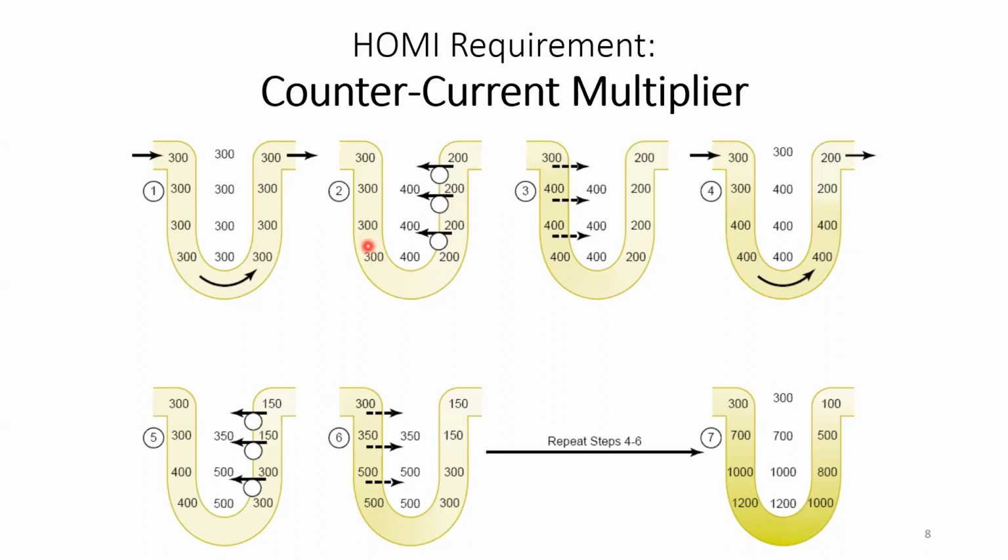What came in was 300, but what ended up here, because of this action, is now more dilute. So this interstitium will get a bit richer than what it was before, because it has now received a paycheck of solute. Hence it has become 400, while the osmolarity of this fluid has become 200.